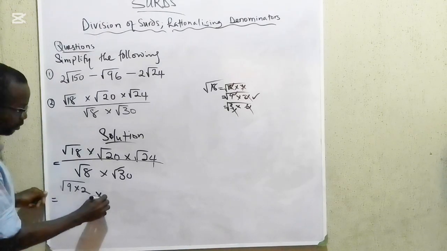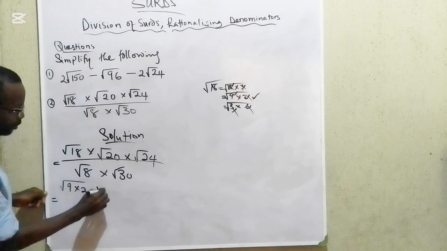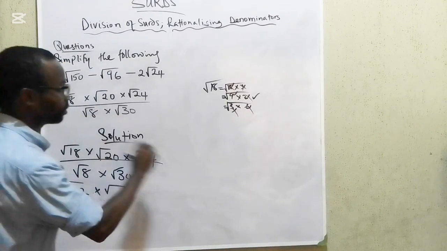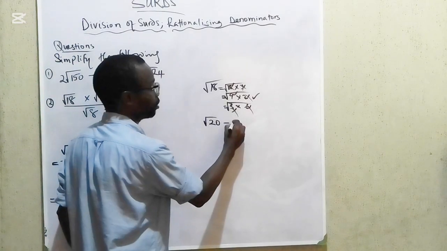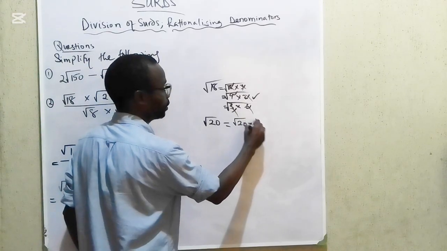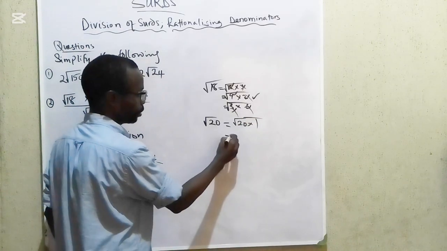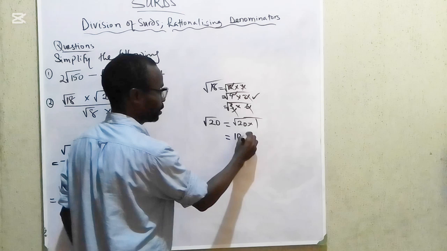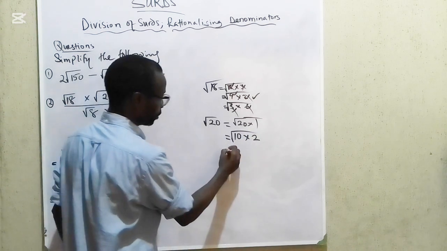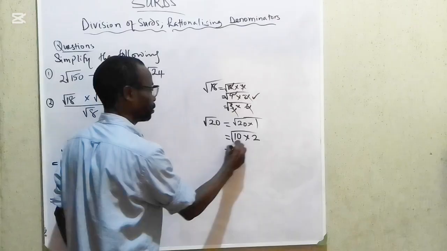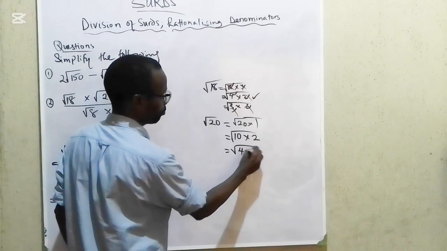So let's pick the next. The next is 20. What is root 20? Root 20 is the same thing as 20 times 1, or 10 times 2, and 20 is the same thing as 4 times 5.